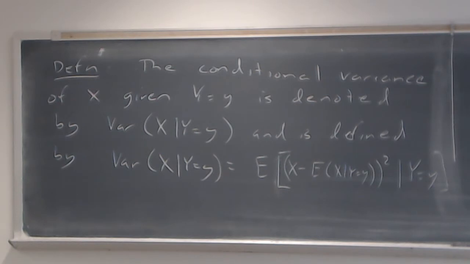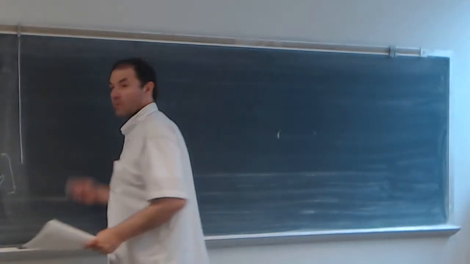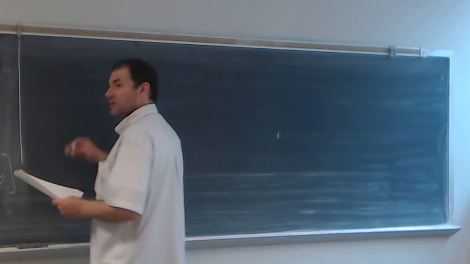Well, as we have with the regular variance, we have a formula. It may be easier to use. We'll do an example where we'll use this one in just a second. But here's a formula.